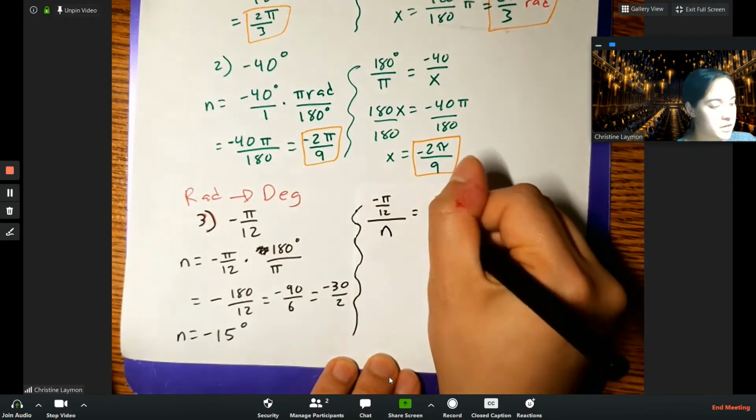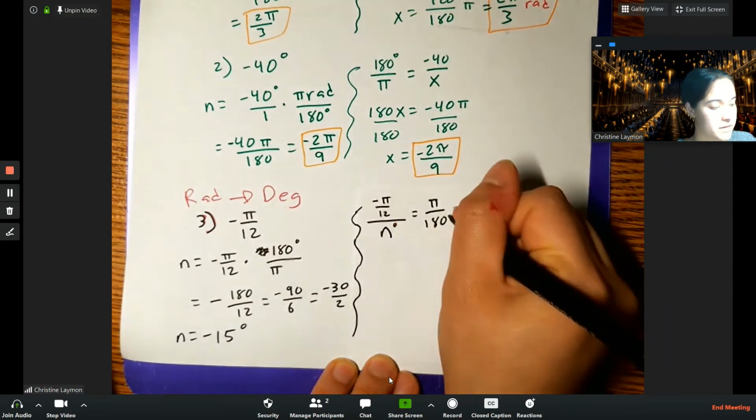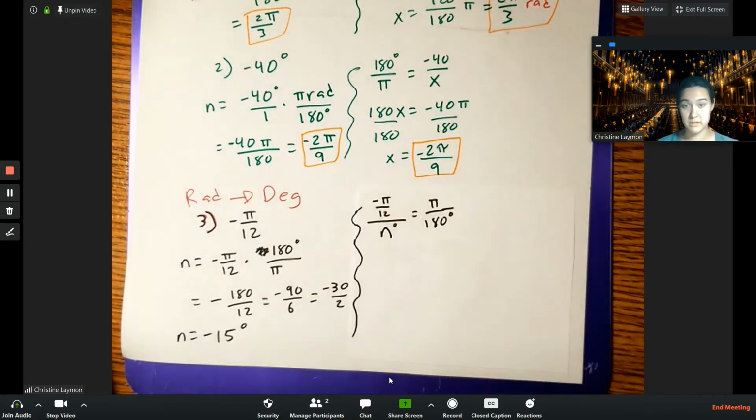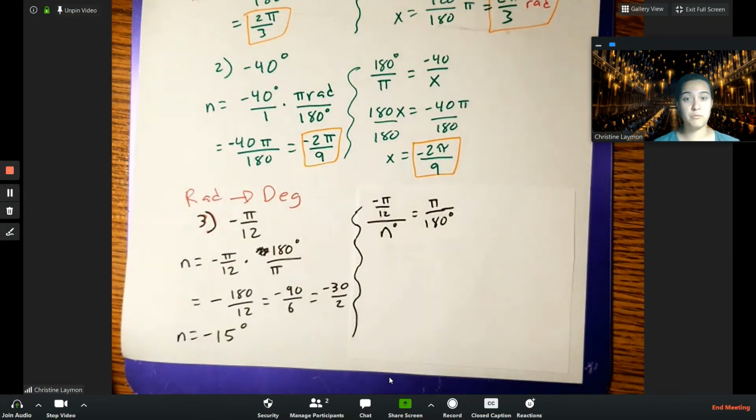This is going to equal pi over 180. So again, this is n degrees, that's 180 degrees, these are radians, those are radians. Okay, now notice that I have a fraction over a fraction, which we're actually going to go backwards to teach in a little bit here.